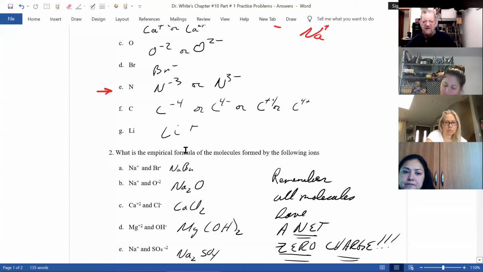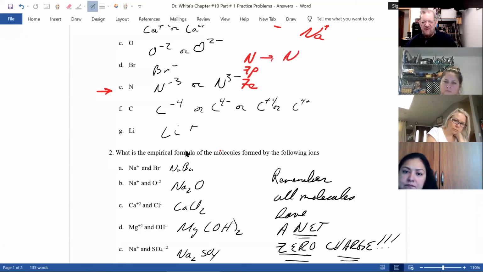If we come over here, nitrogen has 7 protons, 7 electrons. It wants to go to the same number of electrons, 10, as its nearest noble gas. It will not change protons. Now, each proton is a +1.